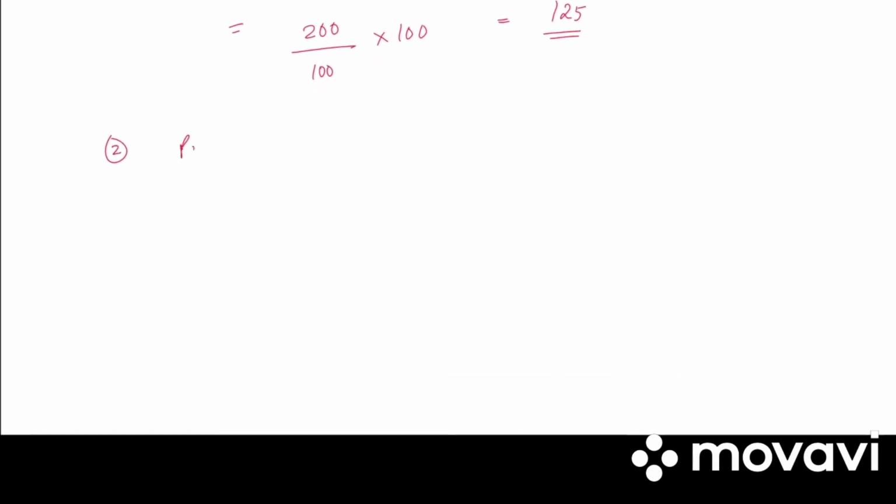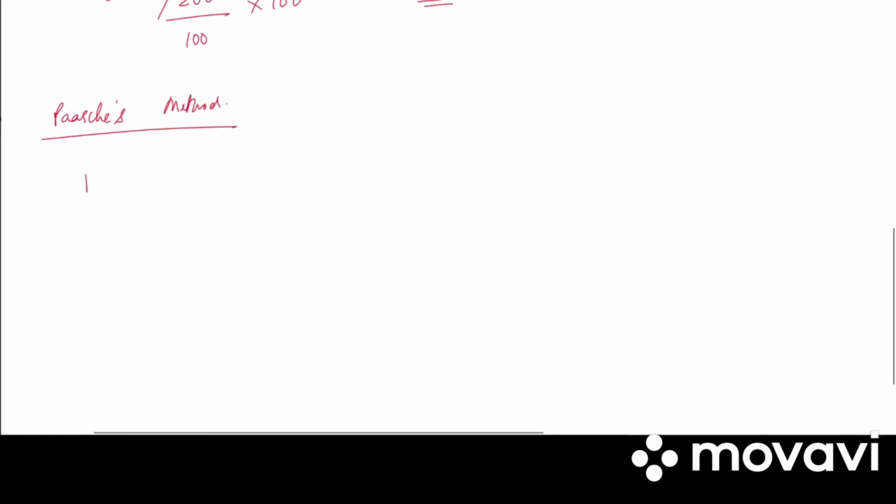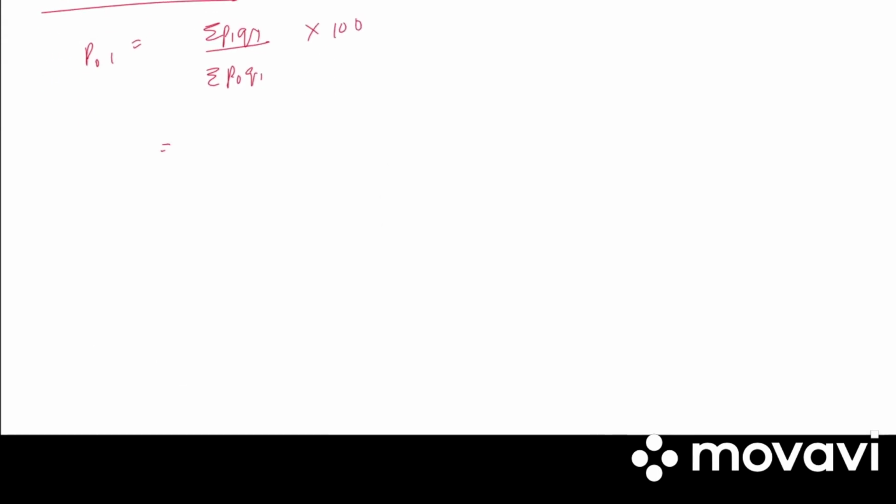Next we have the second one, Paasche's method. P01 is equal to summation P1 Q1 divided by summation P0 Q1 into 100. 134 divided by 107 into 100, that is 125.23.